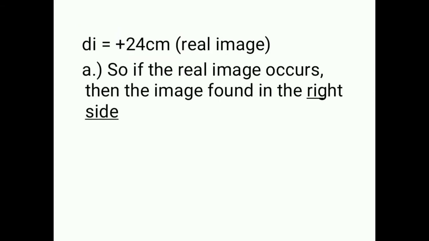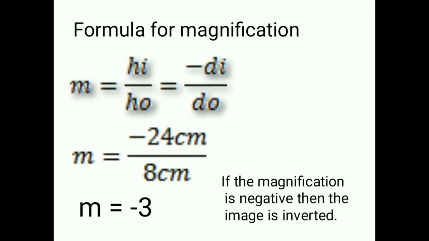So if a real image occurs, then the image is found on the right side of a lens in a principal axis.